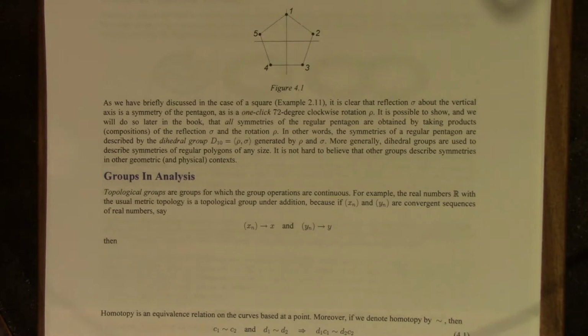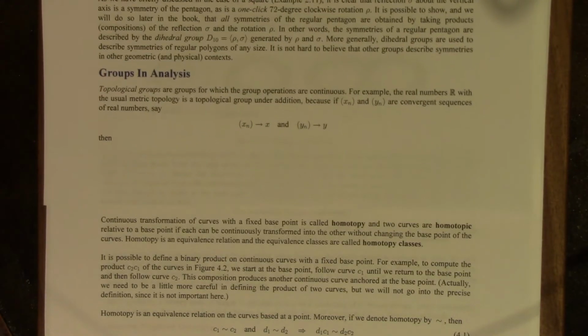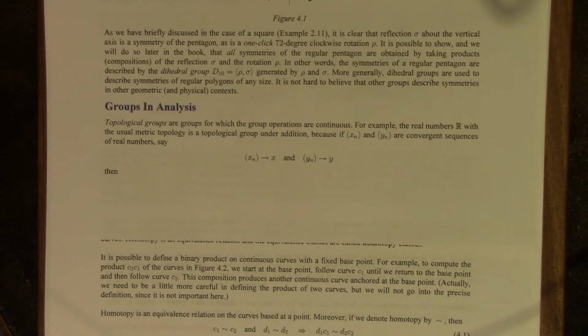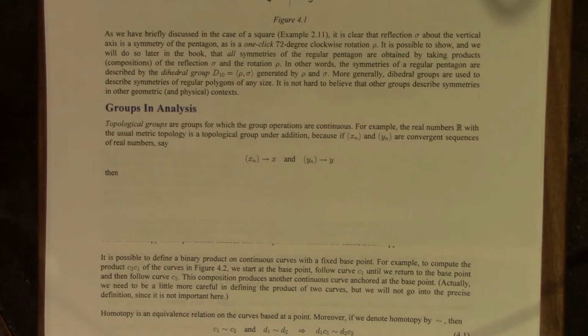And it's not hard to believe that other groups describe symmetries in other geometric or physical contexts. Unlike the other topics I'm going to discuss briefly here, this topic of dihedral groups we will study in considerable detail.